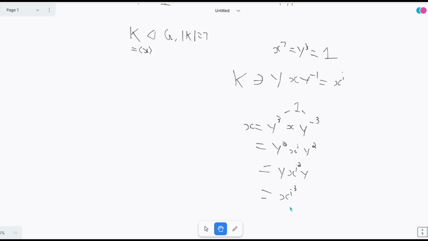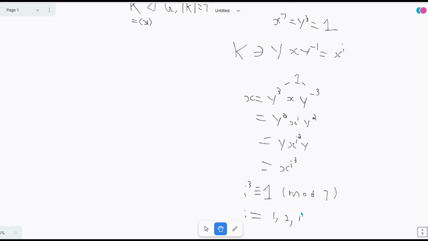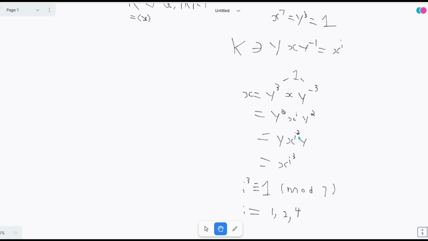So x equals x to the i cubed, which means i cubed is congruent to 1 modulo the order of x, which is 7. This leaves the possibilities i is 1, 2, and 4.